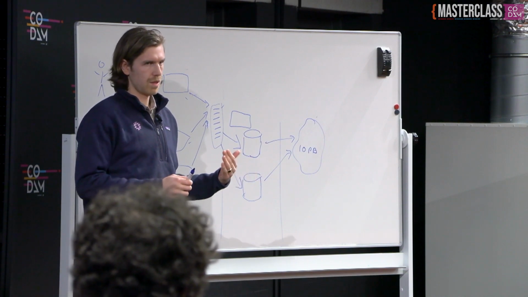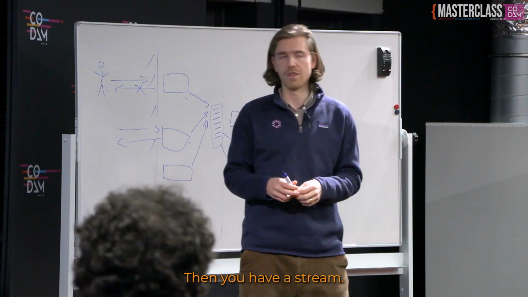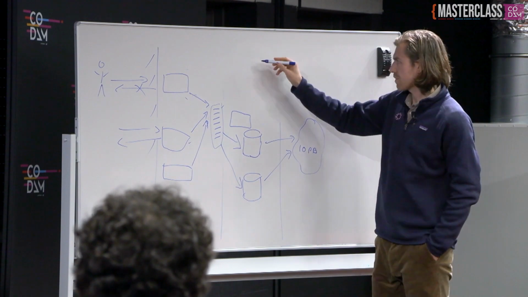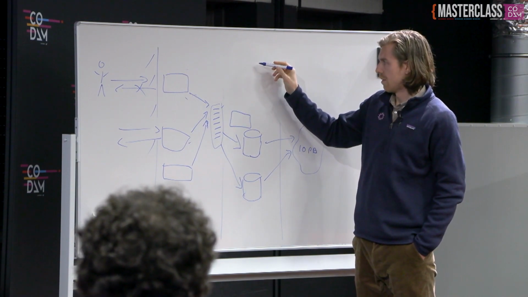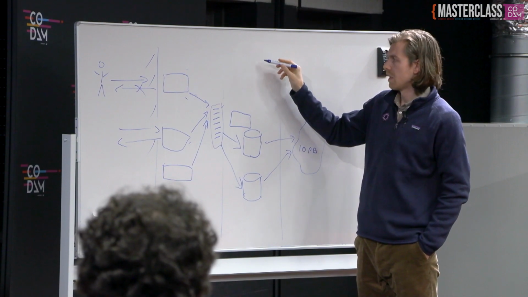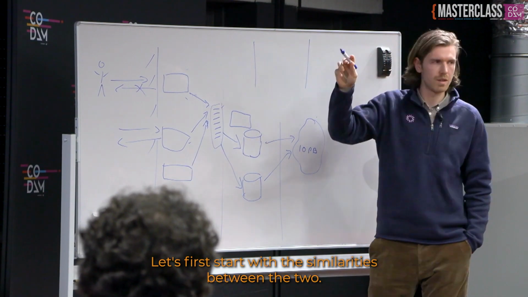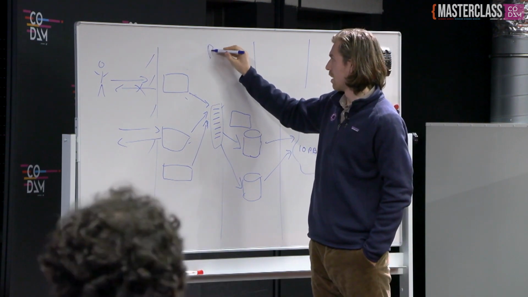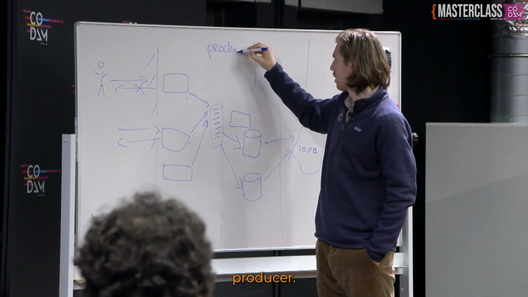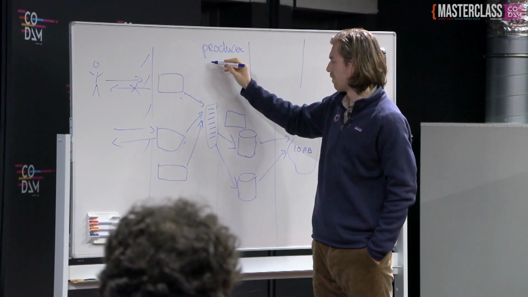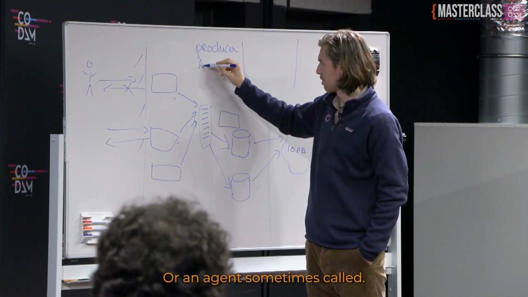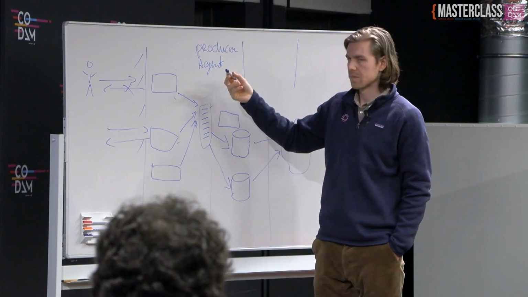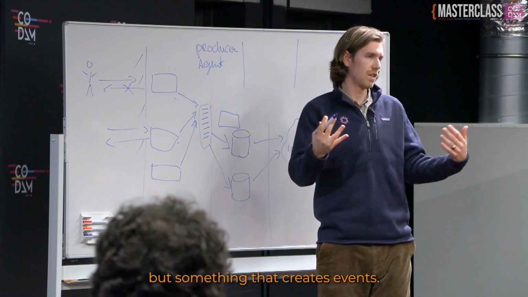Then you have a stream. A stream is different in several ways. Let's first start with the similarities between the two. In both systems, you have a producer, or an agent, sometimes called, there are different terms for it, but something that creates events.